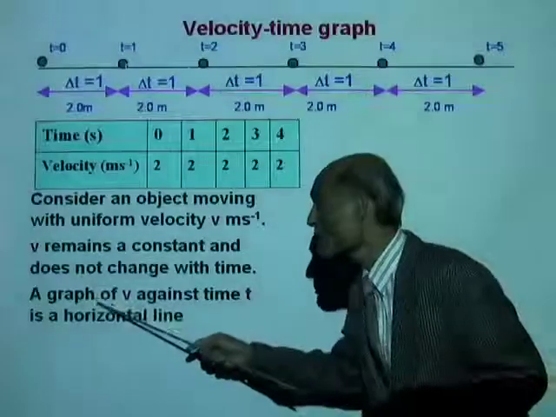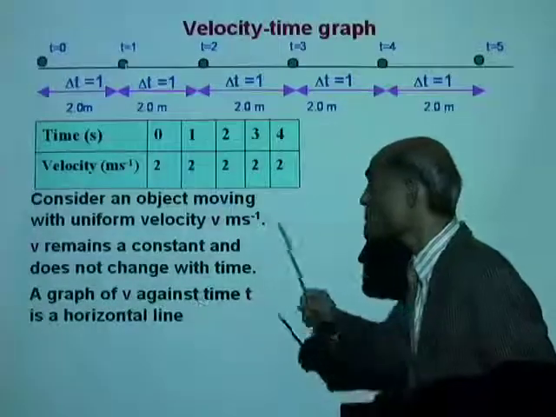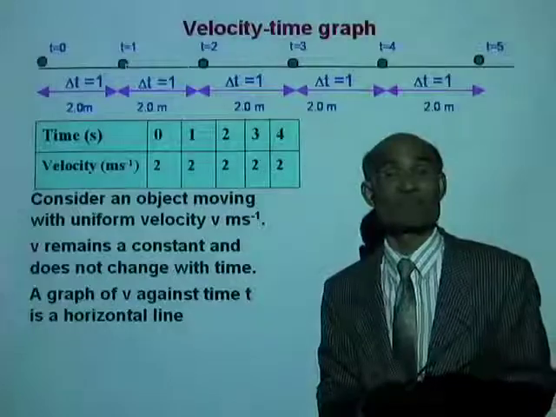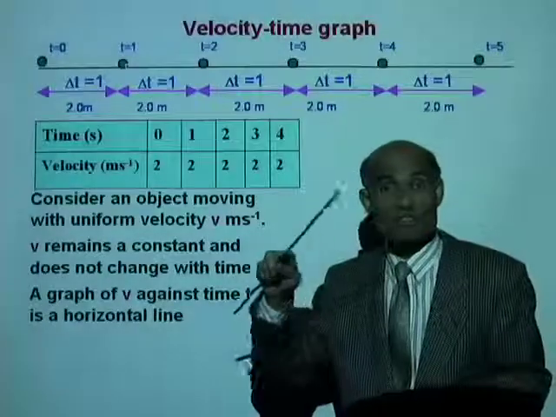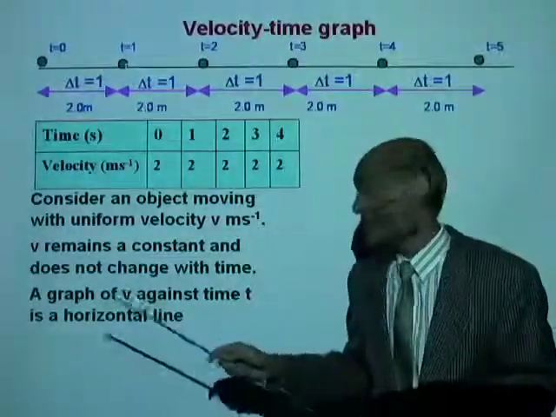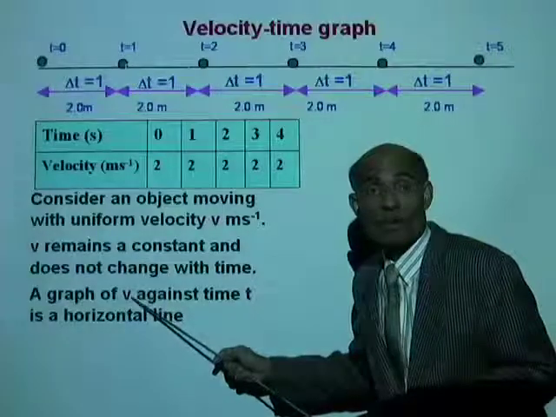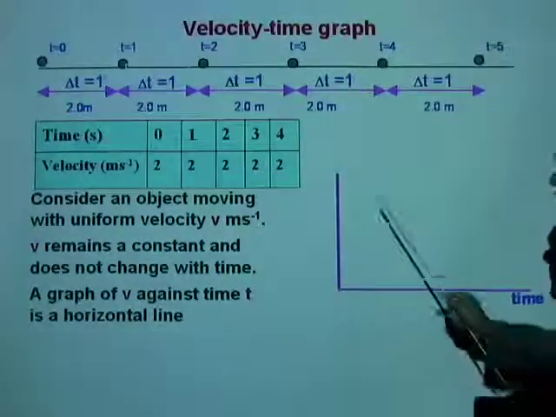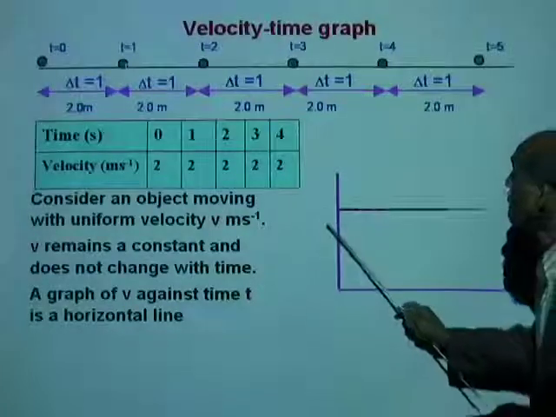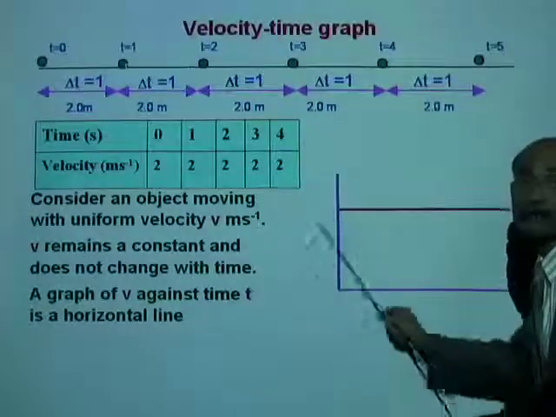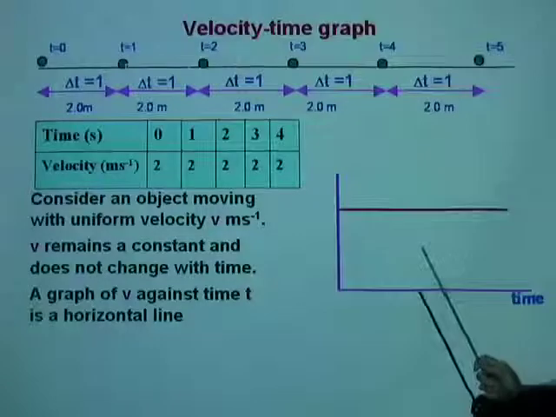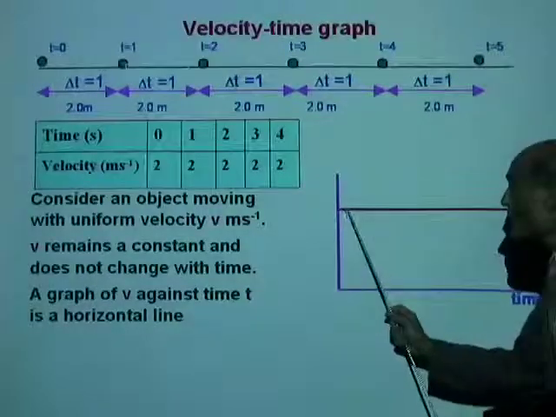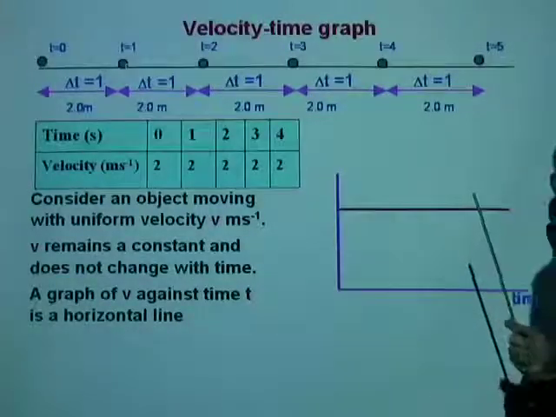How will a graph of v against t look? Since the velocity does not change with time, a graph of velocity against time will be a horizontal line. If I draw velocity on the vertical axis and time on the horizontal axis, that will be a straight line.